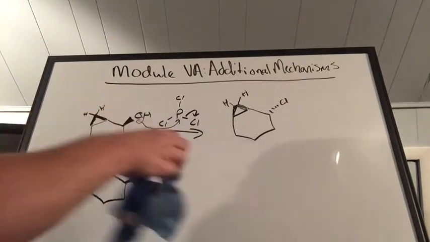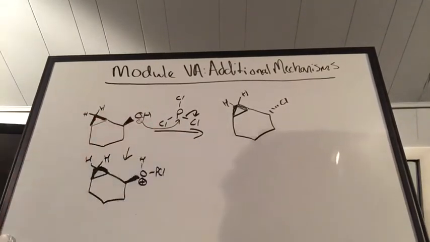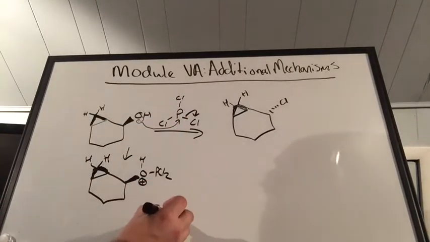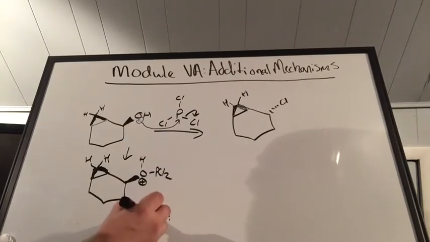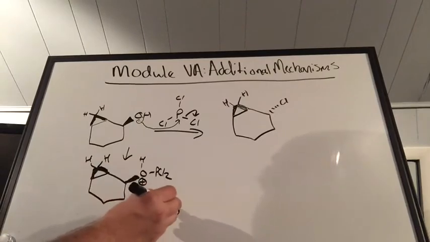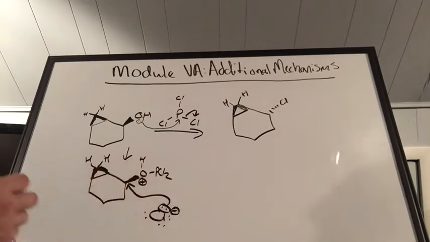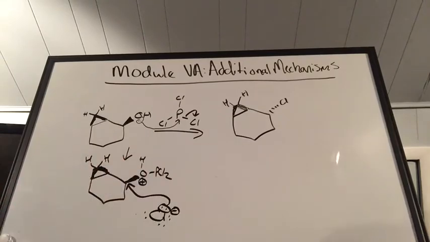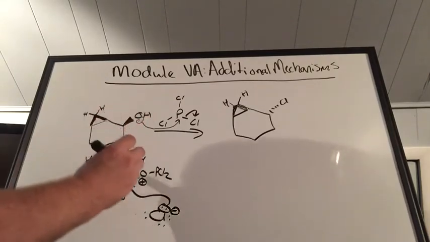Okay. And then remember that Cl minus that left is now going to behave as a nuke. It's going to remove this oxygen. Now, word of caution here, so it's going to have to attack from the backside to knock this off.